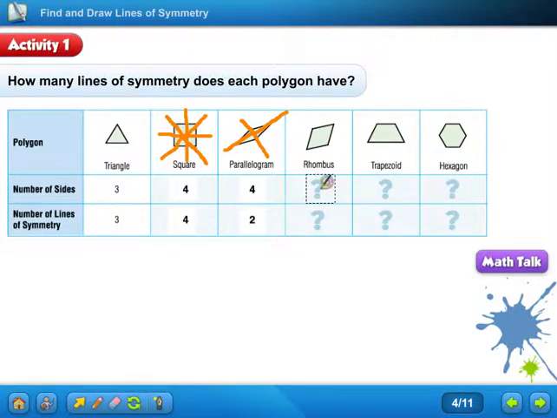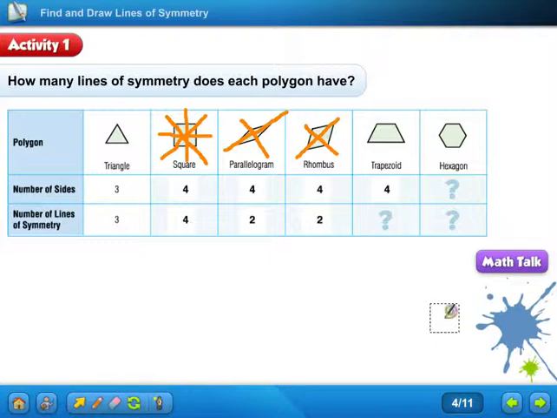How about your rhombus? How many number of sides? 4. And then how many different ways could you fold this? 1, 2. If you said 2, you are correct. Trapezoid, number of sides? 4. Nice job.